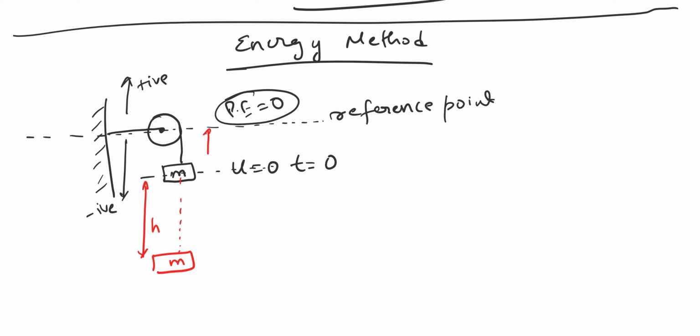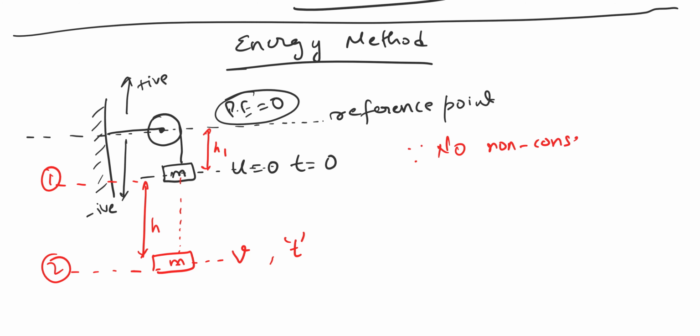Let's say the initial height is h1 below the reference line, and it has further fallen down by height h. At this instant, its velocity is v, at some time t. Let us say this is situation 1, and this is situation 2.